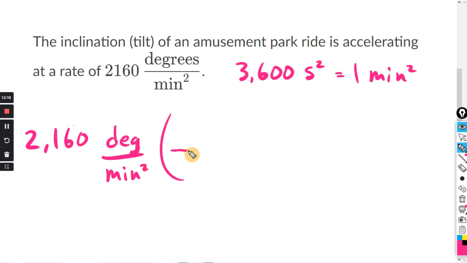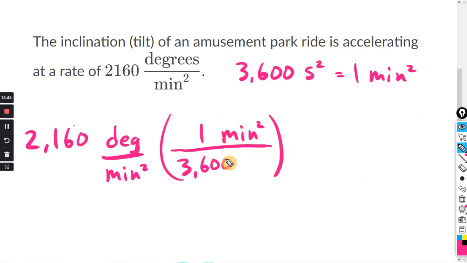All right, set up our 1 fraction here. Now we want to get rid of minutes squared because the answer has to be in seconds squared. Right here, minutes squared is in the denominator. So I'm going to write it here in the numerator. Okay, 1 minute squared is 3,600 seconds squared.